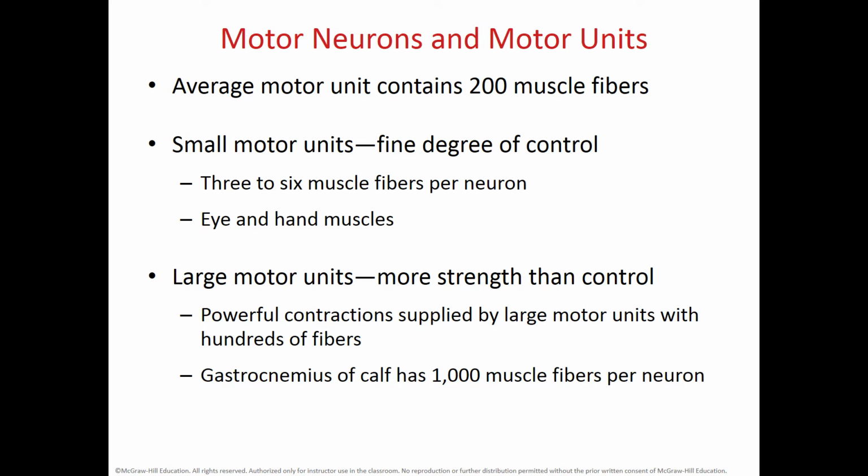And then large motor units will require less control, but they can have more strength. And in this case, you can have, for instance, the muscle of our calf, which is called the gastrocnemius. You will have a single motor unit connecting to 1,000 muscle fibers.